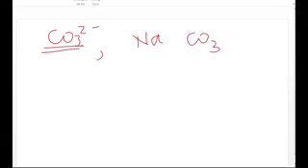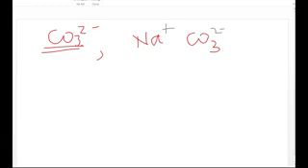We know that the sodium here has a charge of plus, and the CO3 has a charge of 2 minus. We know the name of CO3 is trioxocarbonate(IV) ion, or we call it carbonate. And Na has a charge of plus.